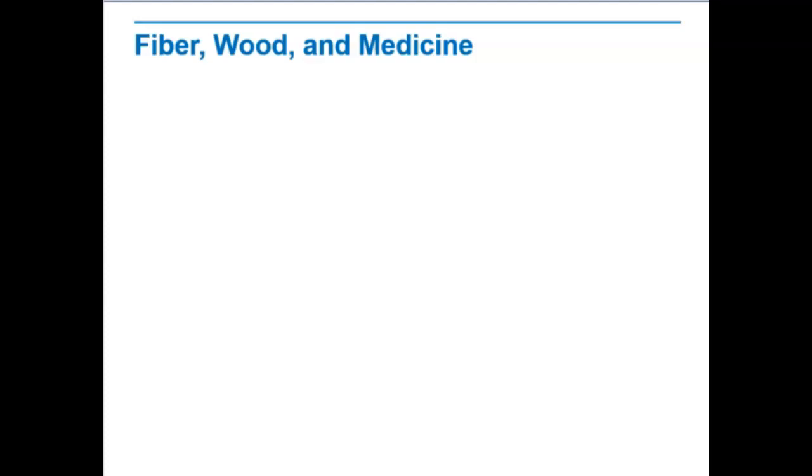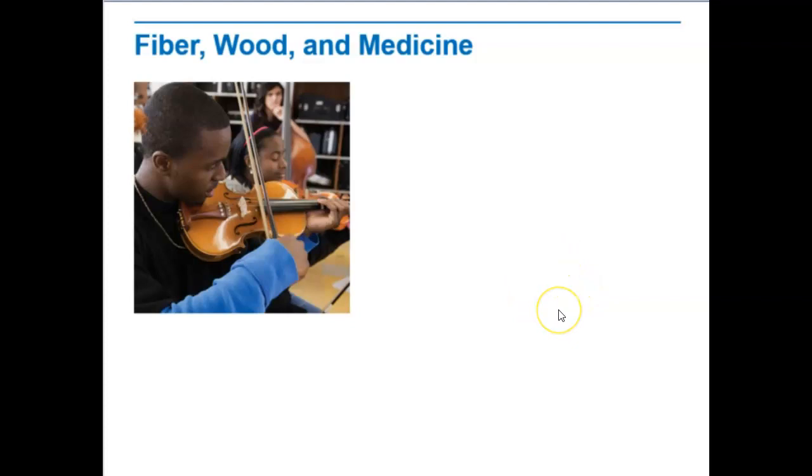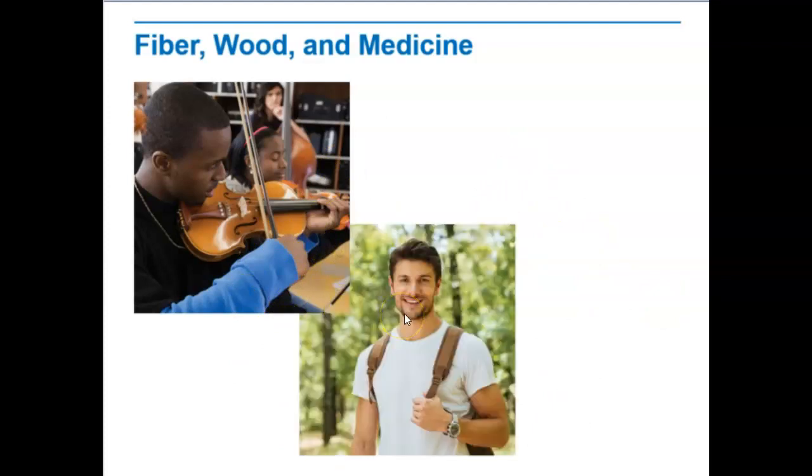Above my head, I have my roof, which has wooden trusses in it. Okay. You may be using a wooden pencil. If you play an instrument, a lot of times those are made of wood, right? If you're wearing clothing, chances are you're probably wearing cotton, which is another plant fiber. So these plants are all around us.